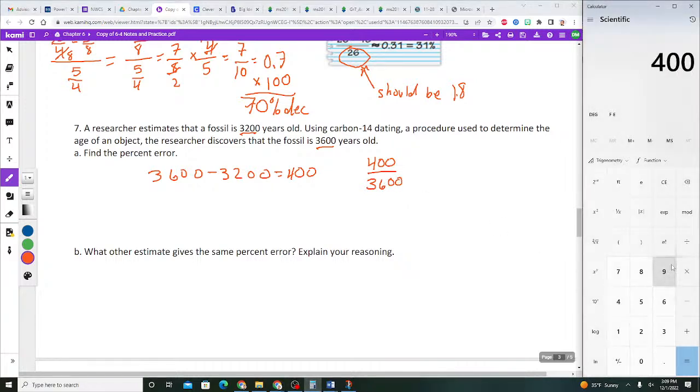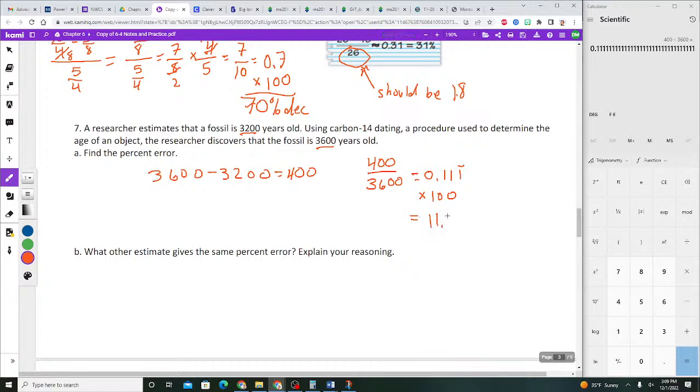So 400 divided by 3,600 gives us 0.111 repeating, because I'm going to multiply that by 100. And that gives me 11.1 repeating percent error.